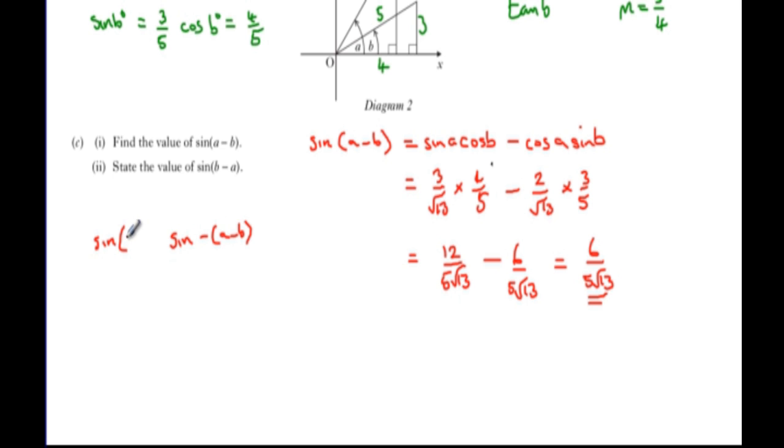So sine of B minus A is the negative of sine of A minus B. Now the sine of a negative angle is negative the sine of the positive. So since we've already found sine A minus B is 6 over 5 root 13, we can write down that sine of B minus A must be the negative of this, negative 6 over 5 root 13.